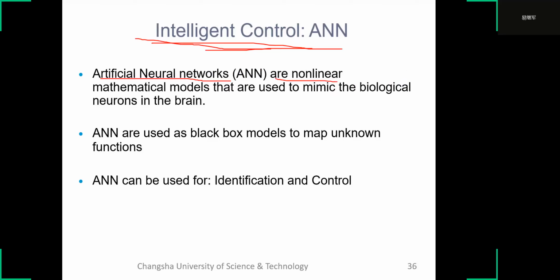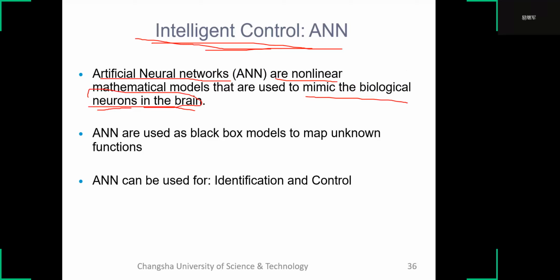Artificial neural networks are nonlinear mathematical models that are used to mimic the biological neurons in the brain. ANNs are used as a black box model to map a neuron function.